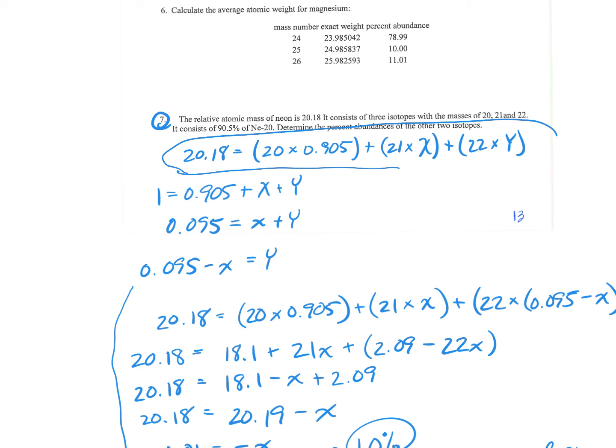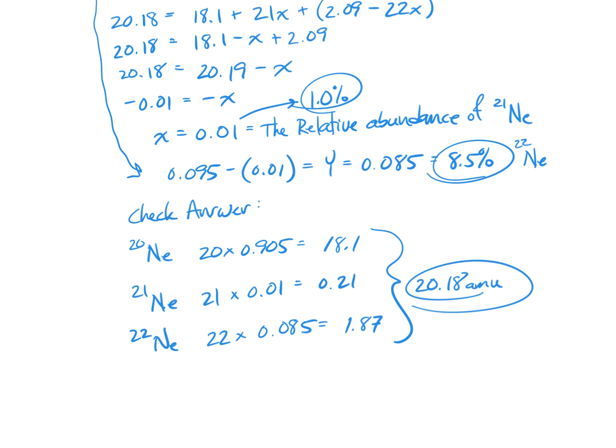I'm going to work through that equation and see if I get 20.18. So here we go. All right, so it all worked out. I got my answer, which is 20.18 AMU, and in fact, that is the atomic mass for neon that was given. So we did it right.